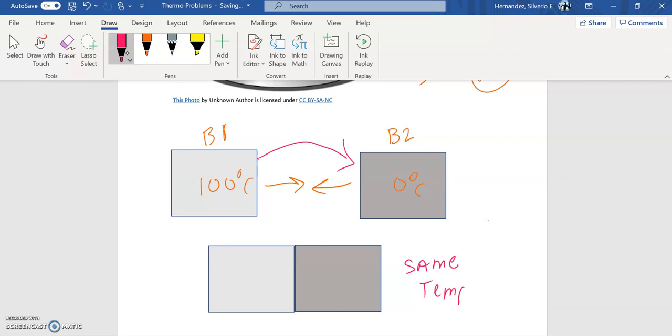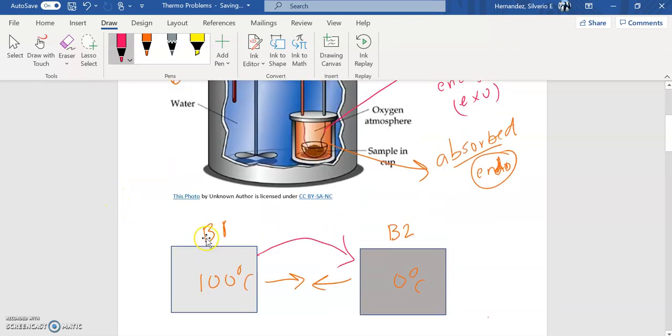Let's say we put them together and I see that block 1 and block 2 are the same temperature at 50 degrees Celsius. That means that at that time, the spontaneous movement of the heat energy is going to stop. There's no more heat energy that's going to be transferred between the two blocks because they're the same temperature. Same thing happens with the calorimeter.